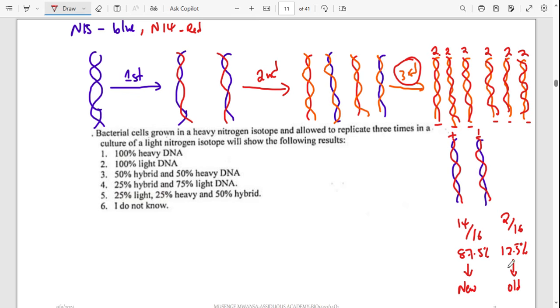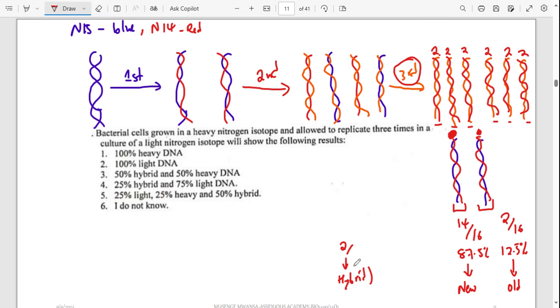But then again, remember, of these, can you see that two molecules, this one and this one, they're hybrids? You get that, right? So we have got 2 out of 16, which are hybrid. And remember, 2 out of 16 is 12.5%. Oh, sorry, not out of 16, because this has 1 and this one has 1. So it is 2 out of 8, not 16 now, because I'm not counting individual strands.